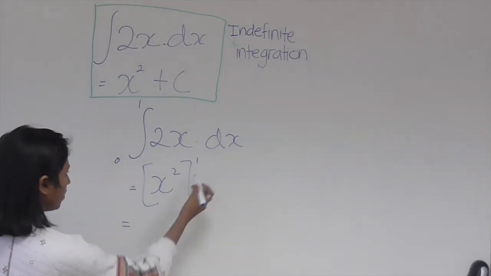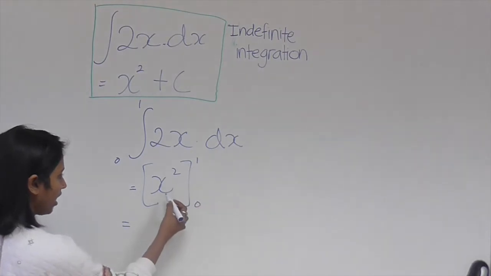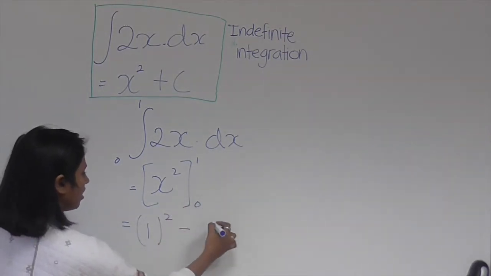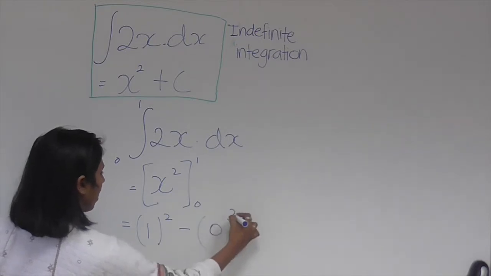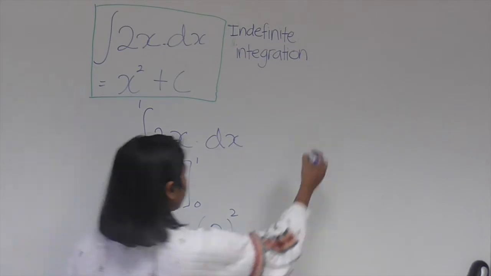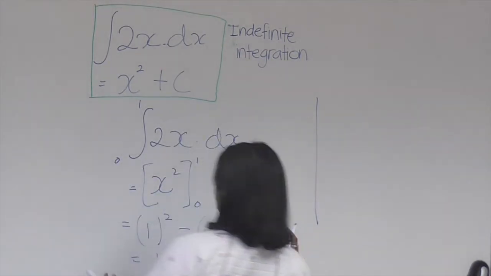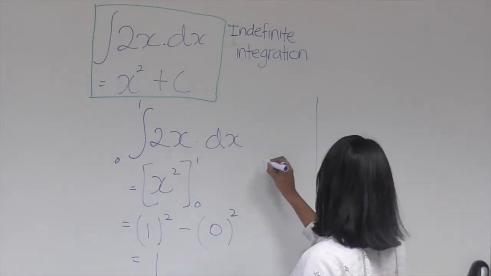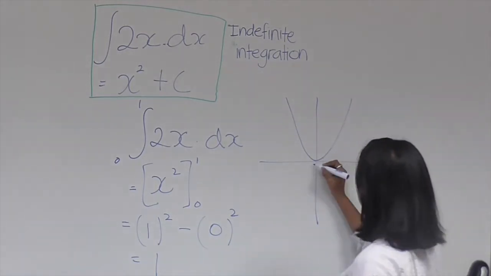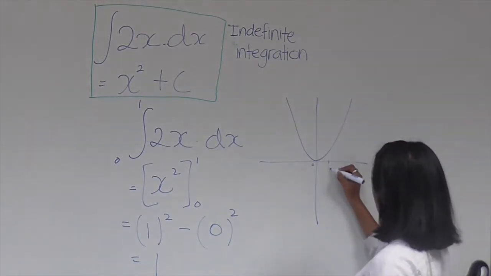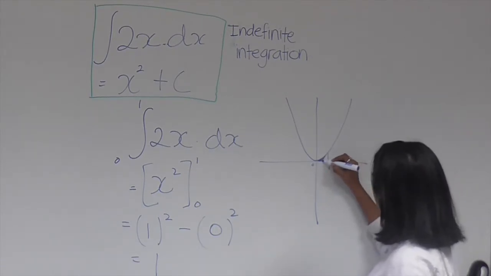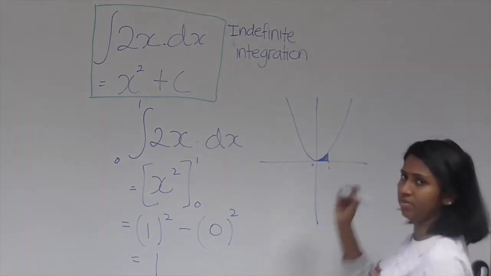And then we substitute these values for x. So we have 1 squared minus 0 squared, which equals 1. And now I'm just going to show you on a graph what this actually means. So this 1 is the area under the curve between point 0 and 1. So this area is what we just found.